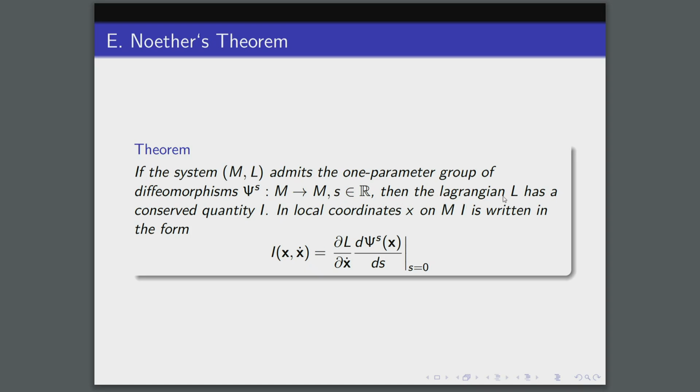Then the Lagrangian L has a conserved quantity I, and in local coordinates x on the manifold M, the conserved quantity is of the following form. You can think of this as the change of the function L that we're trying to maximize or minimize with respect to the velocity vector, multiplied with how quickly the coordinates change on the manifold itself.